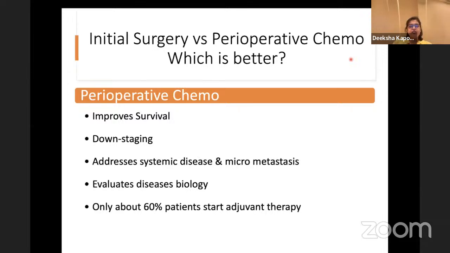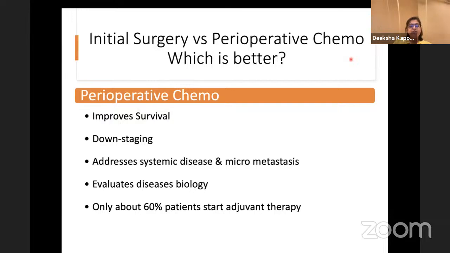Then the next question comes: initial surgery versus perioperative chemo, which is better? Now, perioperative chemo has certain advantages. We will talk about this later, but if we have to just enumerate it, perioperative chemo improves survival. There is some element of downstaging of the disease. It addresses systemic disease and micrometastasis early on in the treatment paradigm.